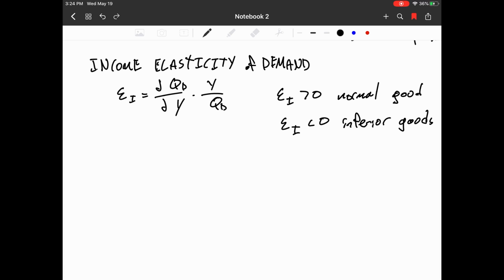So next we're going to look at government policies. So we're going to look at the comparative statics on an equilibrium with a per unit tax. And we're going to look at comparative statics and elasticities and evaluate the policy implications of a tax.